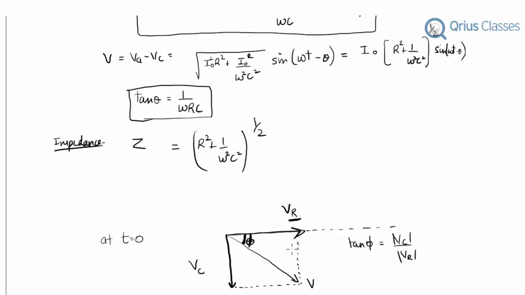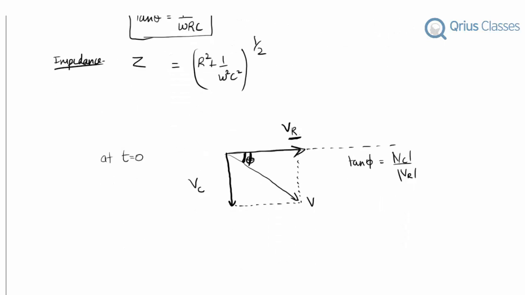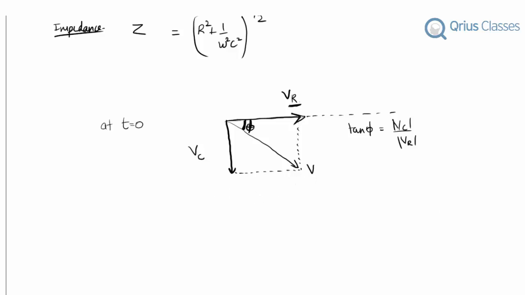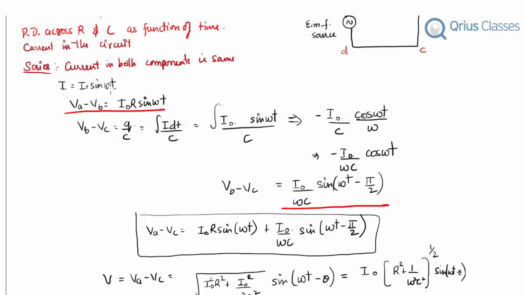So what other information can we generate from this circuit? VR and I in the circuit are in the same phase, that is, the value inside the sine function for I was omega t, and for VA minus VB, that is our resistor, it's also omega t, so they have the same phase.